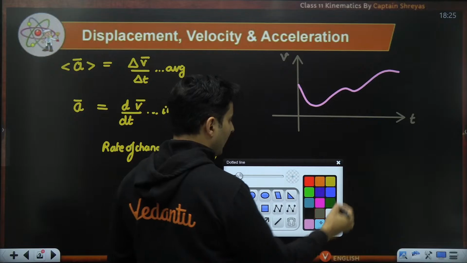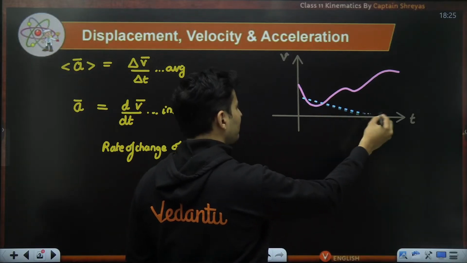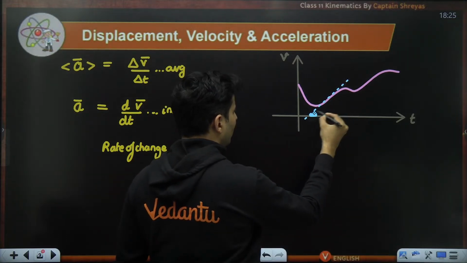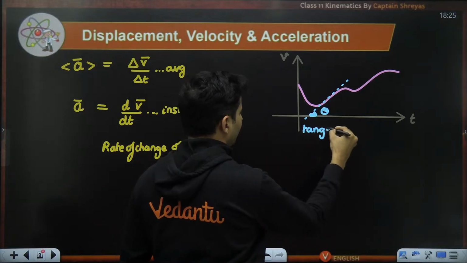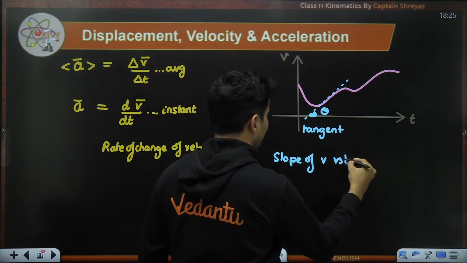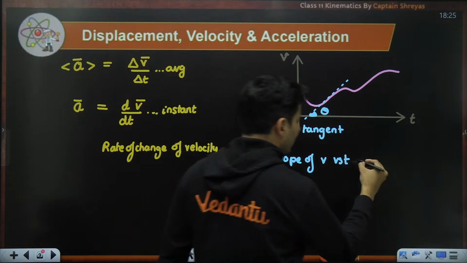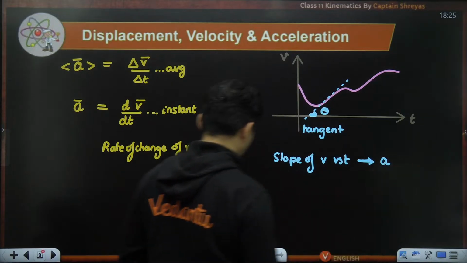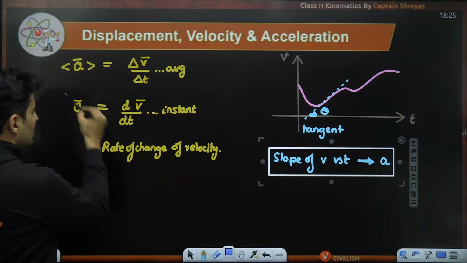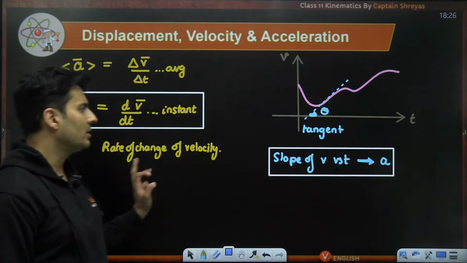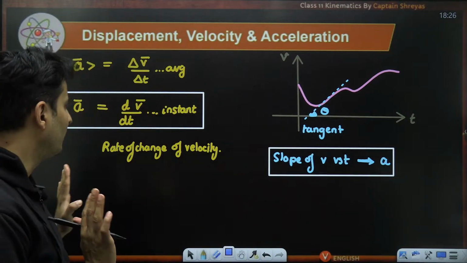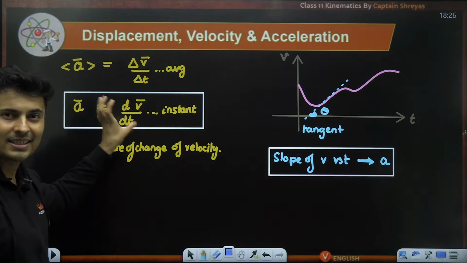If I draw a tangent at any location, it doesn't matter, and measure that particular angle, the slope of velocity versus time will give me acceleration. So instantaneous acceleration is the rate of change of velocity or the slope of velocity versus time. Pretty straightforward.